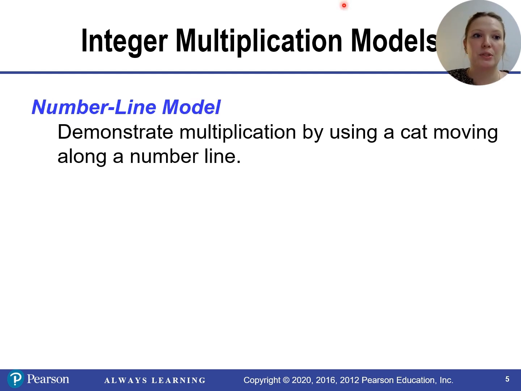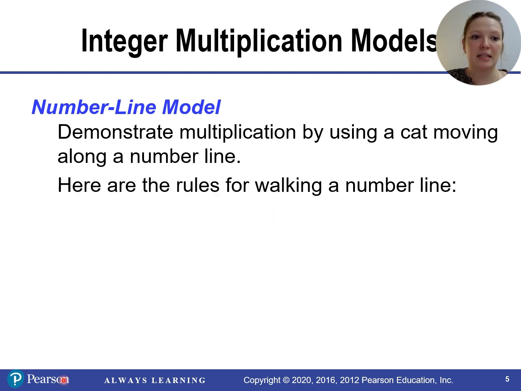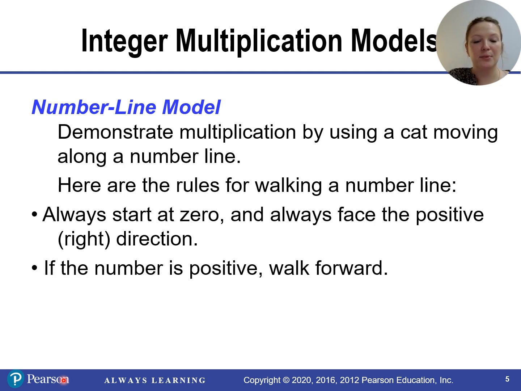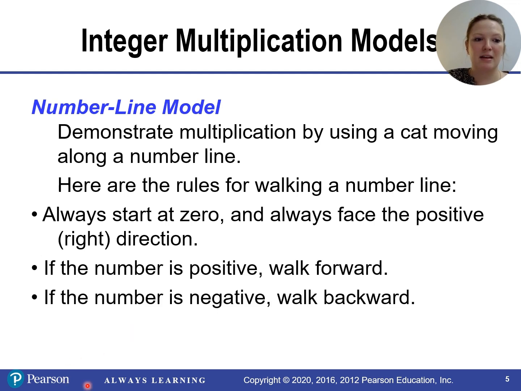We can also use a number line model to think about integer multiplication. So the rules for this is that we start at 0 and we face the positive direction or the right. And if the number is positive, we walk forward, so we walk to the right on our number line. And if the number is negative, we walk backwards.